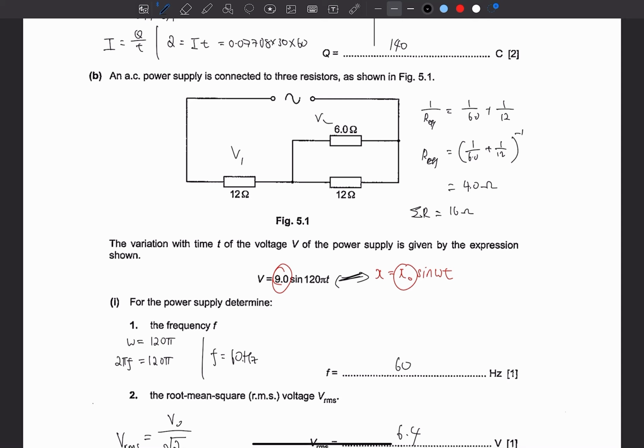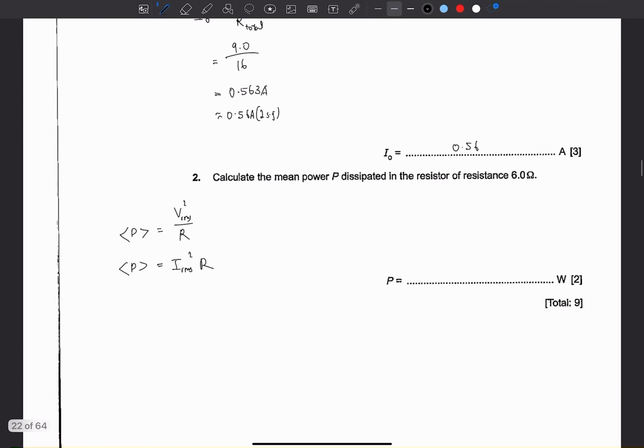So in order to find the potential difference across the 6.0 ohm resistor, we can actually consider this whole thing to be one main resistor, right? The effective resistance for this big resistor is 4.0 ohms, while the other one is 12. So we can just do some quick calculation, the ratio.